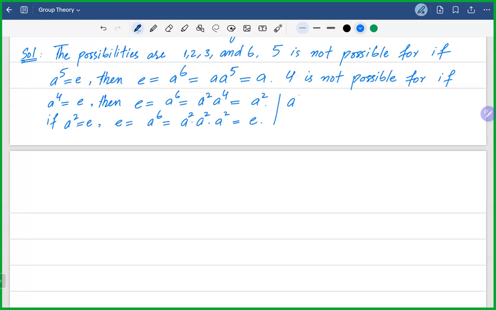Similarly, if A cube is E, then E is going to be A power 6, which is going to be A cube into A cube, which is E. Answer. Okay, perfect.